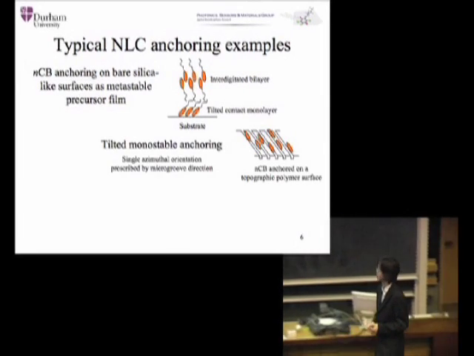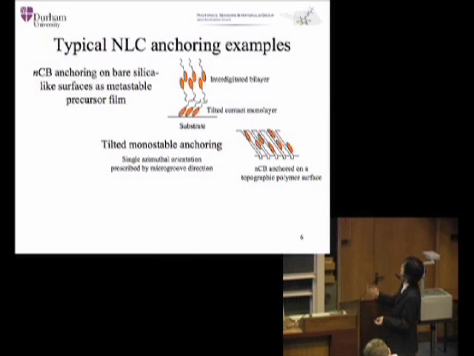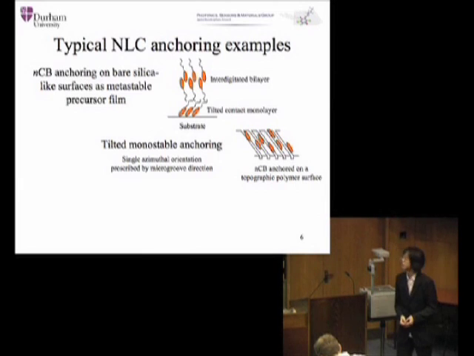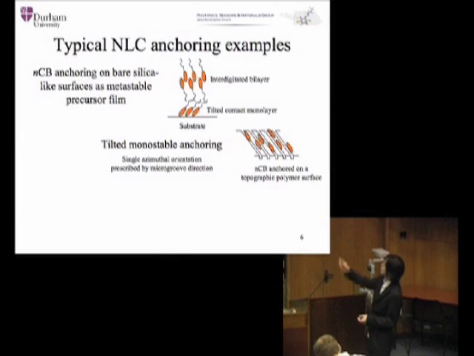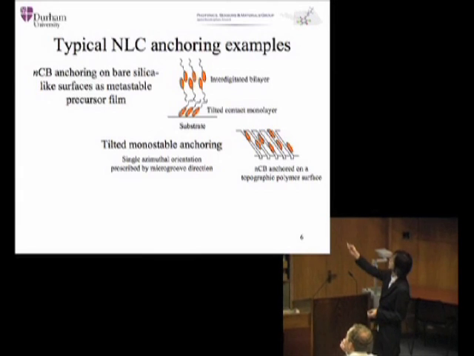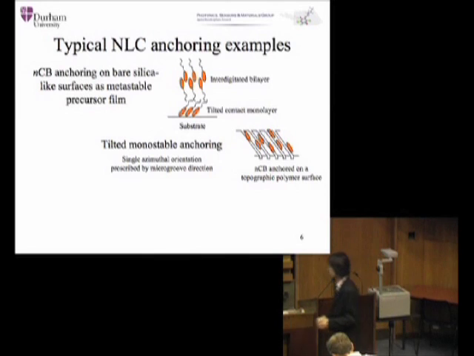We could also have a tilted monostable anchoring for the NCB molecules anchoring on a topographic surface, with all of the molecules taking a single azimuth orientation, which is prescribed by the microgroove directions on the surface.